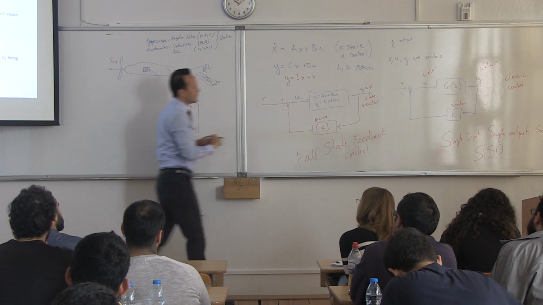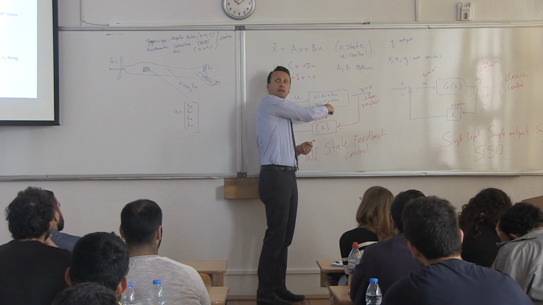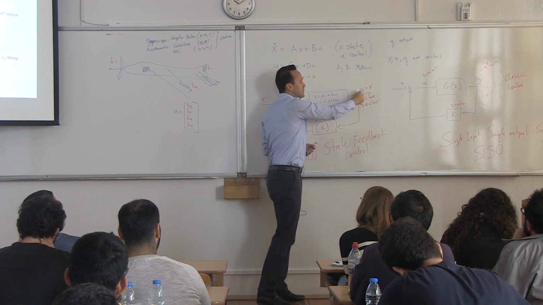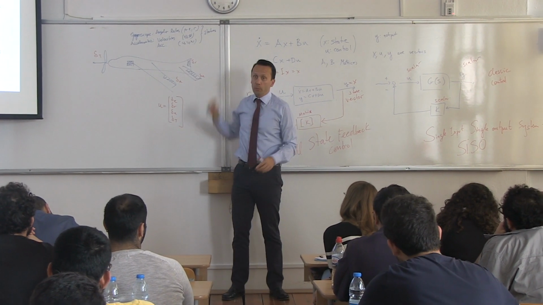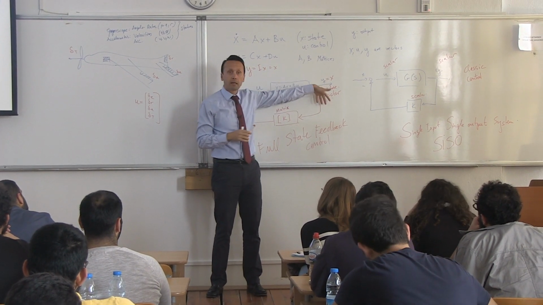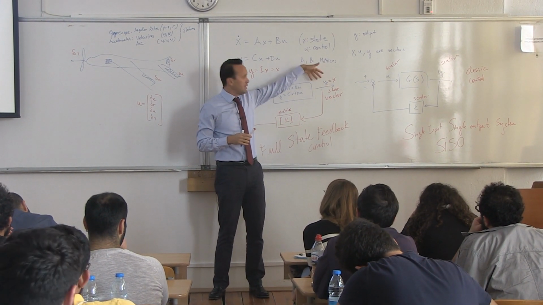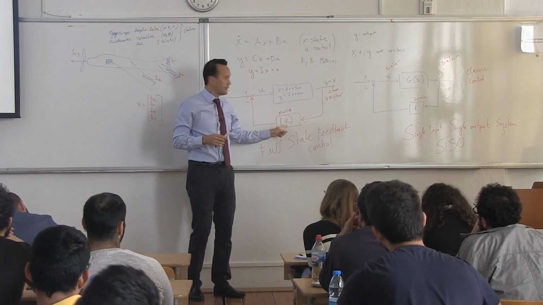So where are the states here? X is the state. If x is equal to the output, what I'm feeding back in the state vector are all these numbers: P, Q, R, theta, phi, U, V, W. All these states can be fed back. You're feeding back all these numbers, and they will be multiplied with something.